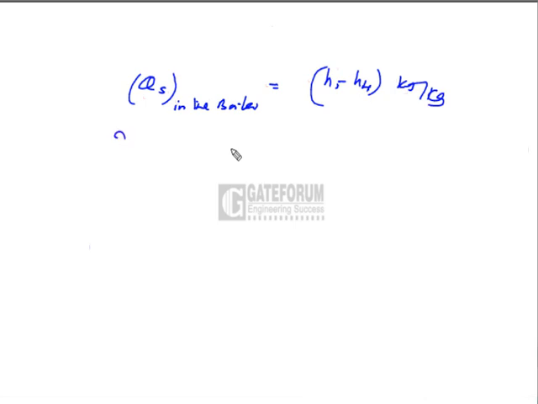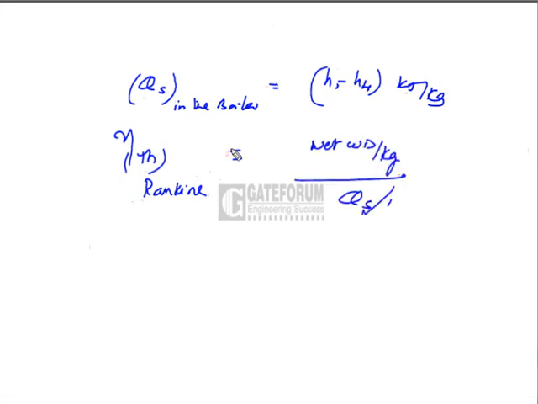Having calculated heat supplied in the boiler, that is H1 minus H4, we can obtain thermal efficiency of the Rankine cycle by taking machine efficiencies into account, given as net work done per kg, which is also known as specific work, divided by heat supplied per kg.